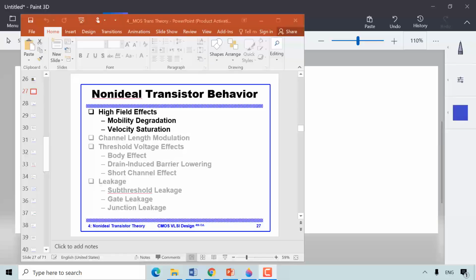Hi, we are continuing the discussion for Chapter 4, Transistor Theory, and in this lecture we will discuss non-ideal transistor behavior issues.